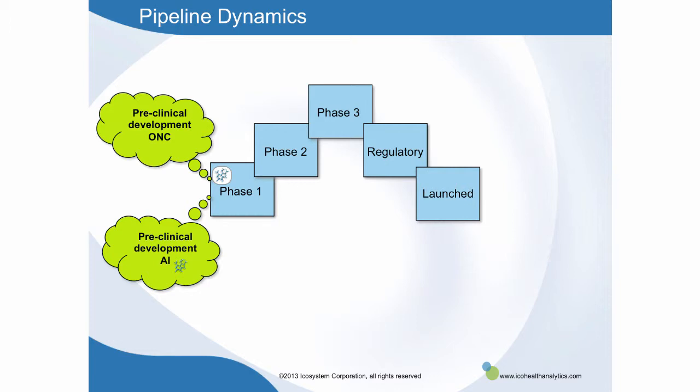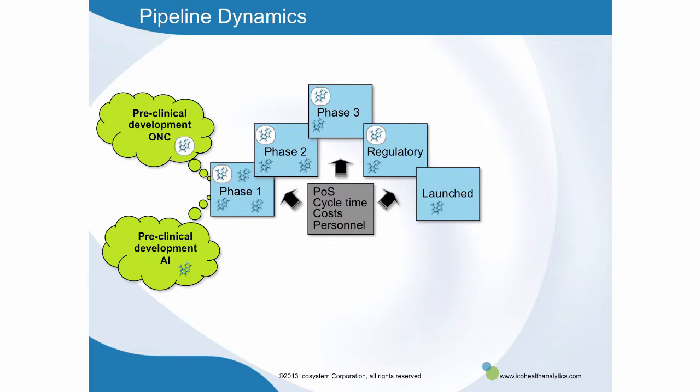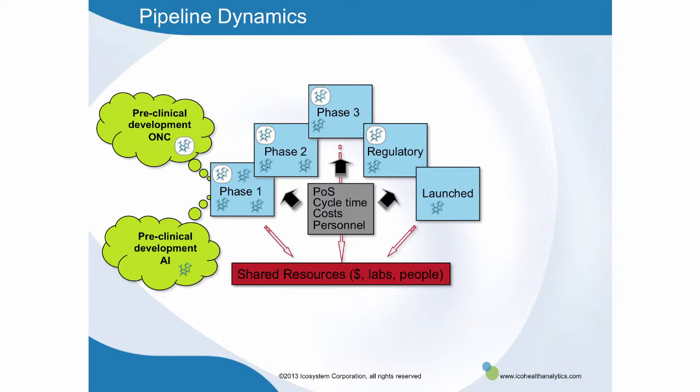At any given time, the portfolio will contain a mixture of assets coming from different streams, depicted here by molecules with different background colors, and these assets will be in progress in various phases. Depending on the phase it's in and the stream that it comes from, each asset will have different properties such as cost, probability of success, etc. And all assets in the portfolio use a common pool of resources.